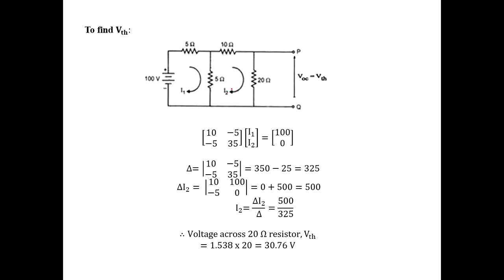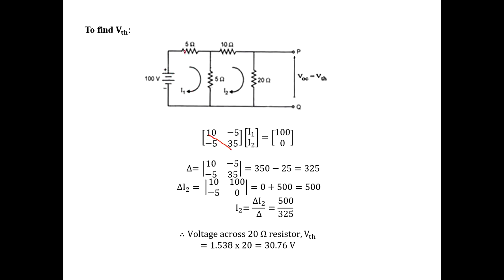Using the mesh method we can find the I2 current. Here it has a voltage source. Next we have to mark the loops of the circuit, I1 and I2. We have to create a 2 cross 2 matrix because this circuit has 2 loops. First we fill the diagonal elements. This is A11, the first loop.